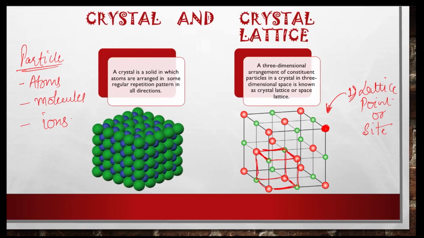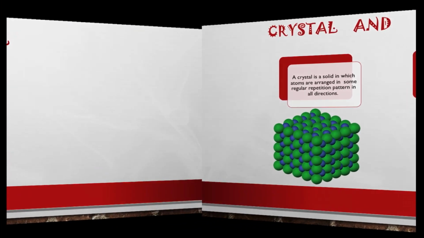So this is the second characteristic, that in a crystal lattice there is the smallest 3D portion, which when repeated in 3 dimensions, you get basically the whole crystal lattice. And this smallest unit of the crystal lattice is known as the unit cell.